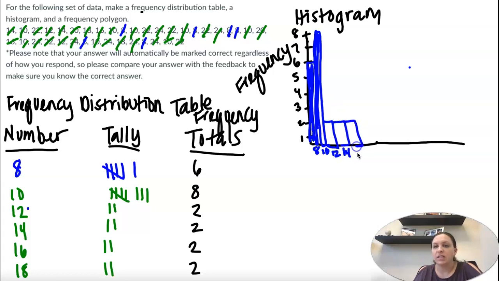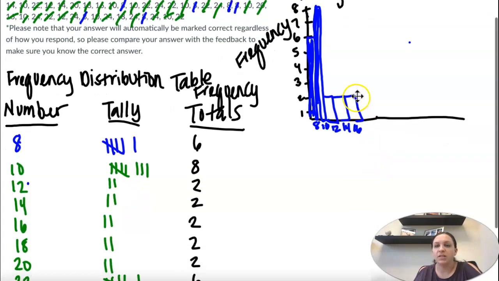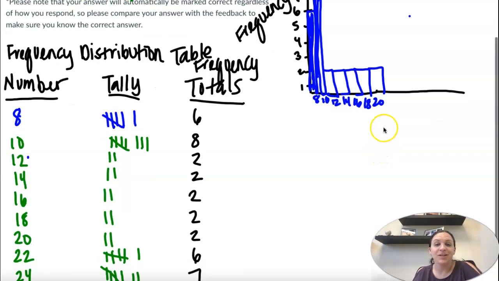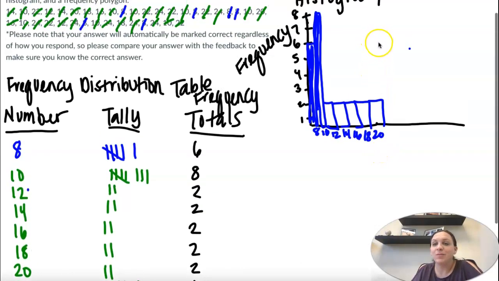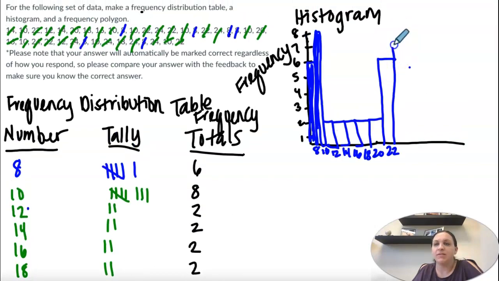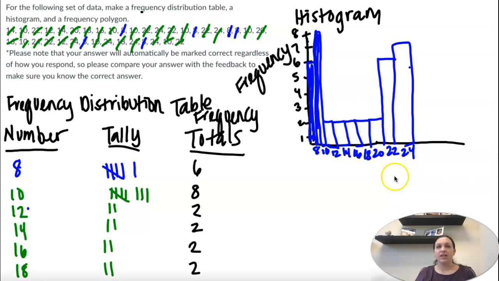And then 16, and that would go to 2. 18 would go to 2. 20 would go to 2. I'm making them bigger as I go. Need more writing. 22 would be 6. And then 24 would be 7. So that is a histogram.